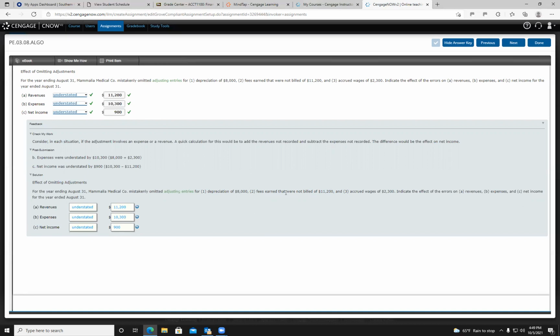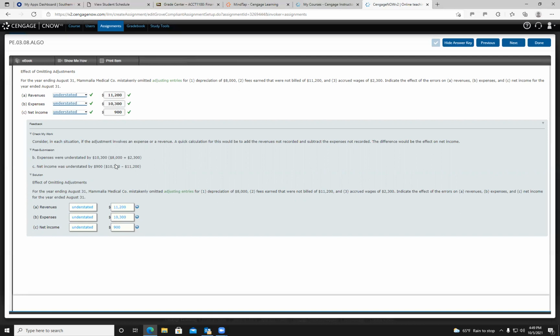If you omitted recording that adjusting entry, you would definitely understate your revenue because you're not capturing the revenue you've earned in that time period. So your revenue is going to be understated. And if your revenue is understated, your net income is also going to be understated as well.